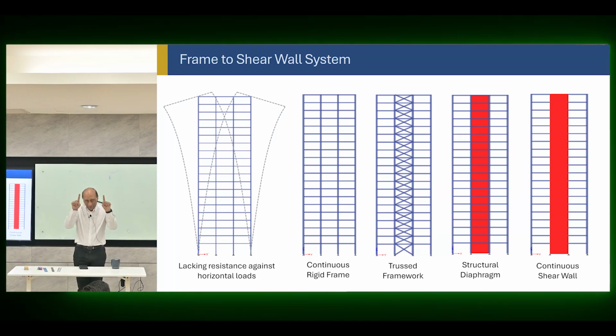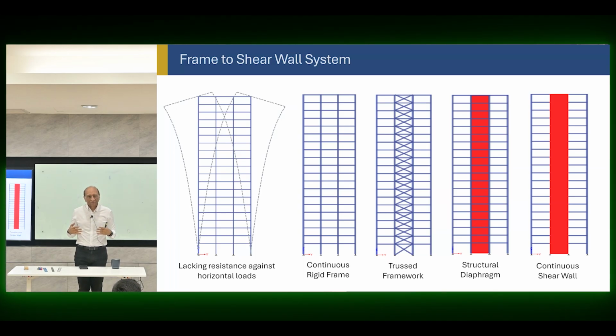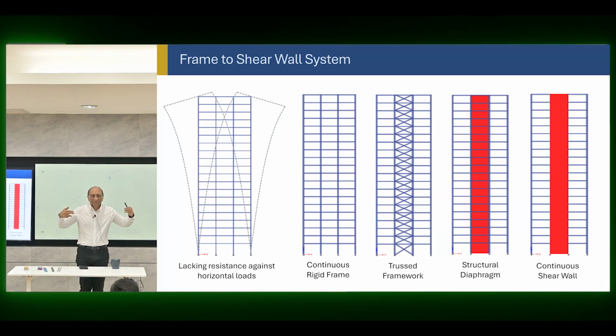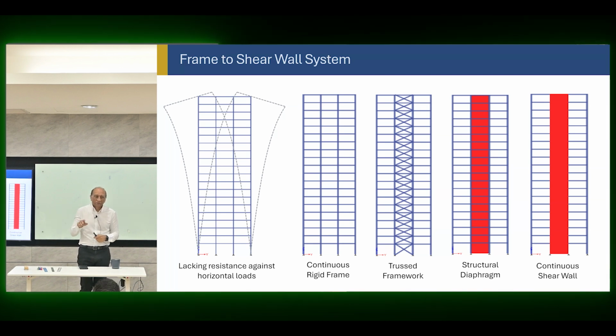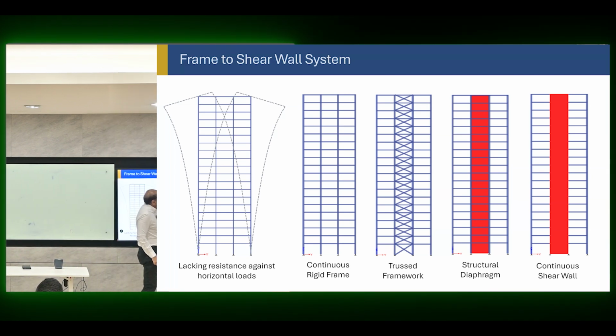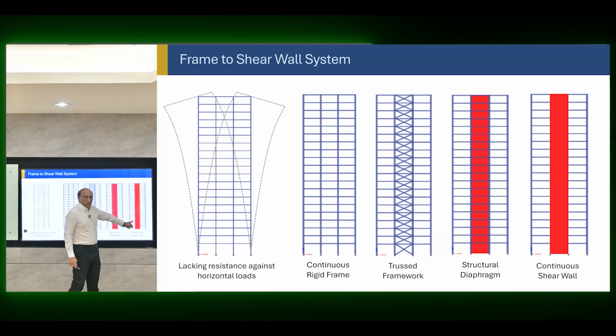Whether we have a wall bracing inside a frame or we have a wall connecting to a frame, the connection of the beam to the wall is not the same as a beam running through it, and you just put an infill wall. So this is going to be more effective in general than this one.